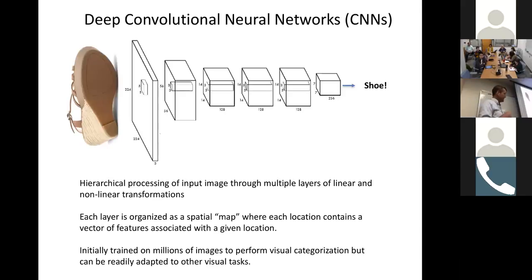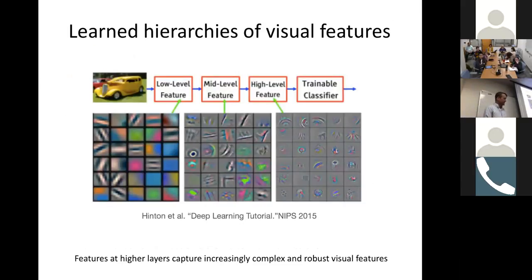But it ends up that once you've trained one of these models, the features that it learns to make use of in identifying objects are actually very useful for other visual tasks. In particular, if you dig into the layers of these models, you discover at the lowest layers, the features being extracted from the image might correspond to things like edges at a particular orientation or blobs of colors or so on.